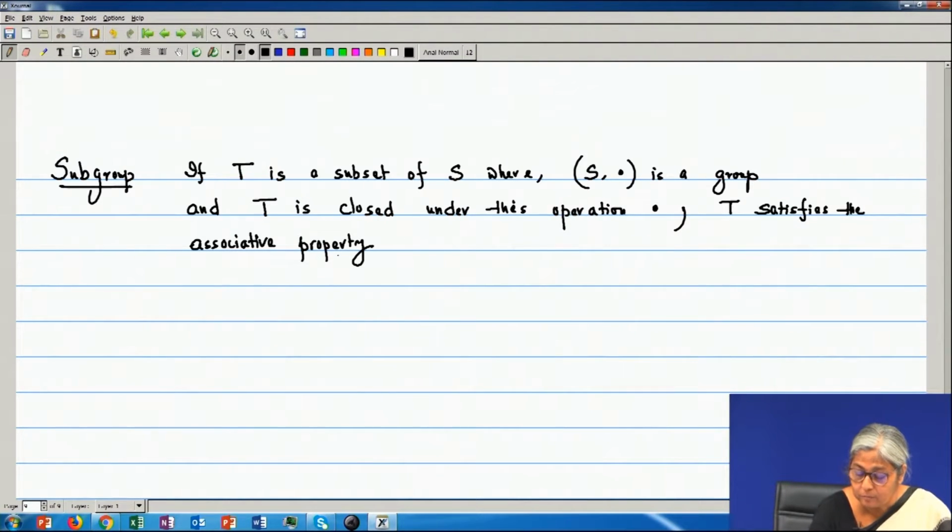And now the two properties, the identity and the inverse element.